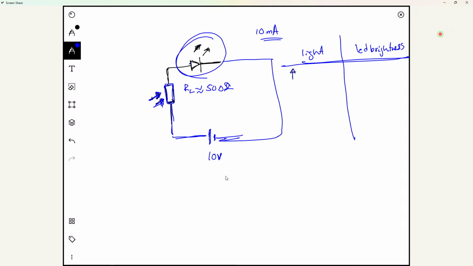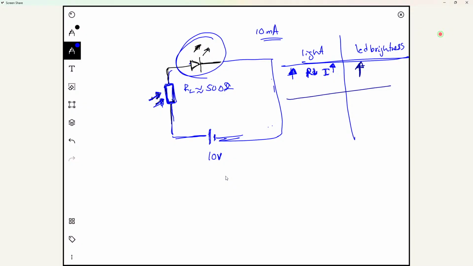When the light intensity is high, what happens to the resistance of this device? When there's more light, the resistance will decrease. So R goes down, which means that the overall current in this circuit will increase. I will go up. So when there is more light, resistance goes down and the current goes up due to the resistance being low. As a result, the LED brightness will increase.